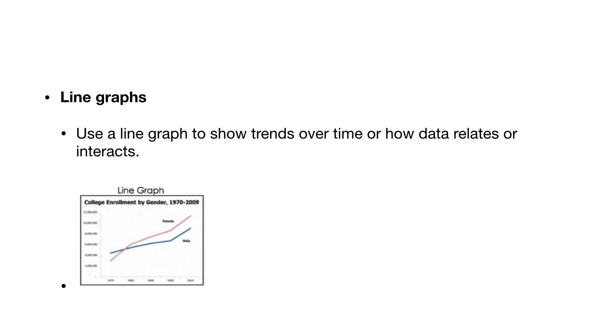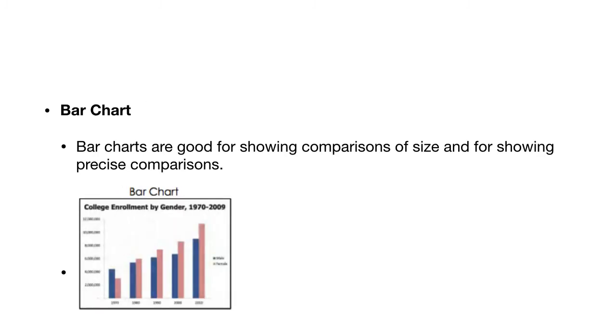Next, line graphs. In terms of line graphs, it is so easy. Just use a line graph to show trends over time, or how the data relates or interacts, like here. Normally, when we want to show the trends or the progress of anything, we use line graphs, and it works. Next, the bar chart. Bar charts are good for showing comparison, as you can see in this example right here.